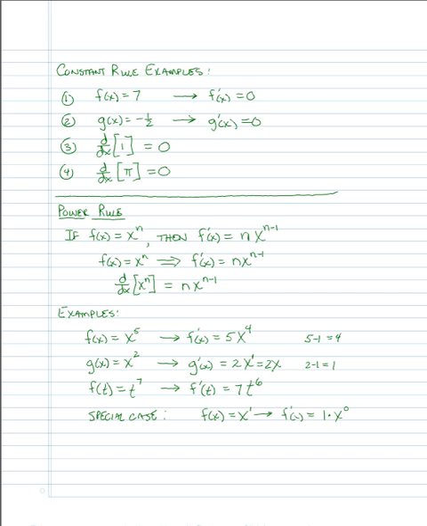And then we have to remember that x to the 0, or any number to the 0 power, is just 1. So in this case, we get 1. That is, real simply, the derivative with respect to x of just x is a single 1. That's all we get. Or the way we said it before, f of x equal x implies f prime of x is simply 1.